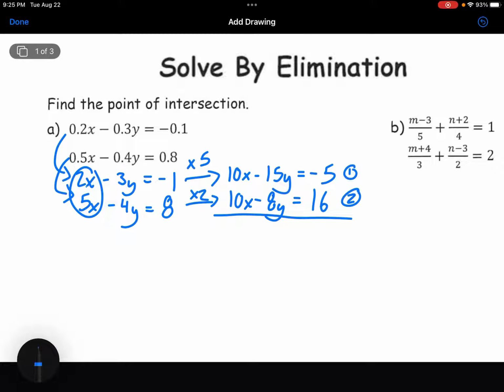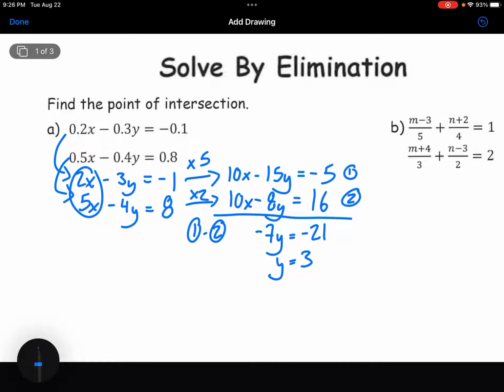And I'm going to do 1 minus 2 because the signs are the same. My x's go away. Negative 15 minus negative 8 is negative 15 plus 8. So I get negative 7y. Then I get negative 5 minus 16 is negative 21. So y is going to equal 3.